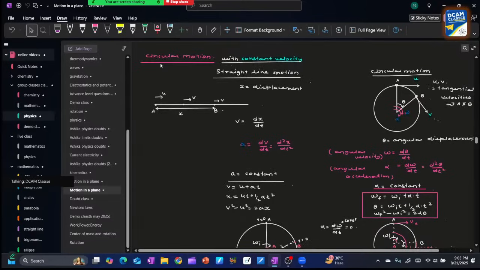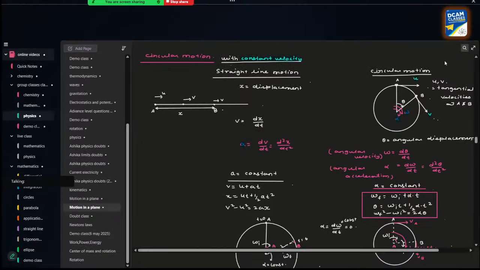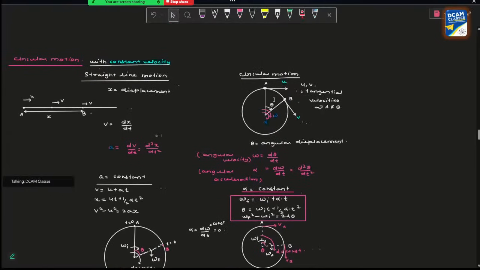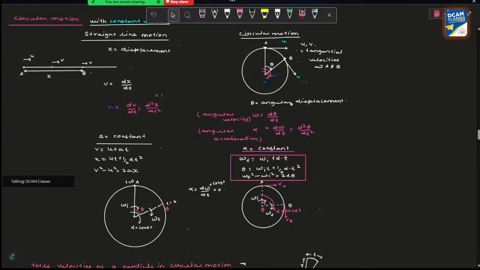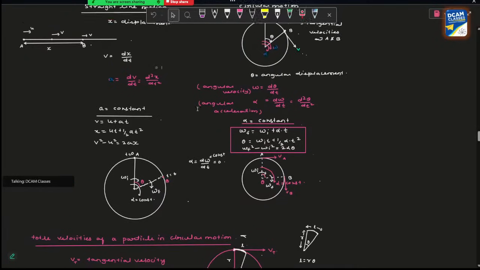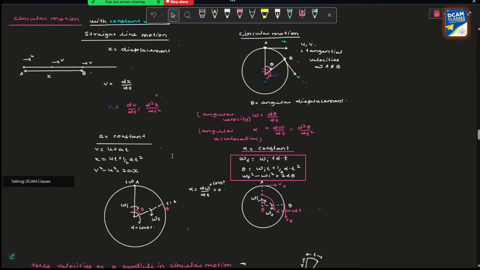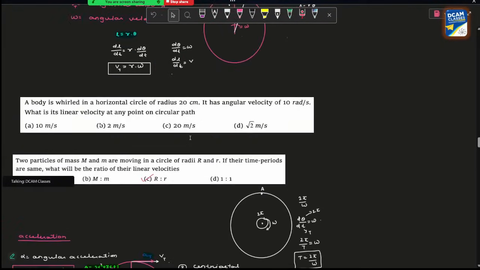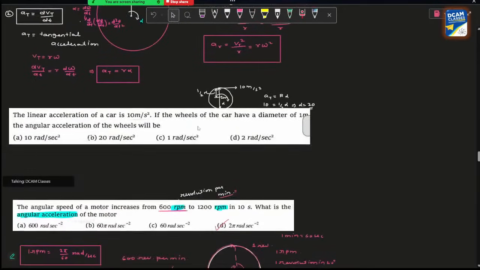When we discussed this circular motion, we actually covered the initial portion of the rotation, how the translation is compared with the rotation. Just how v is equal to u plus at is being used with omega f is equal to omega i plus alpha t. I expect you know all velocities, all accelerations that we already know.